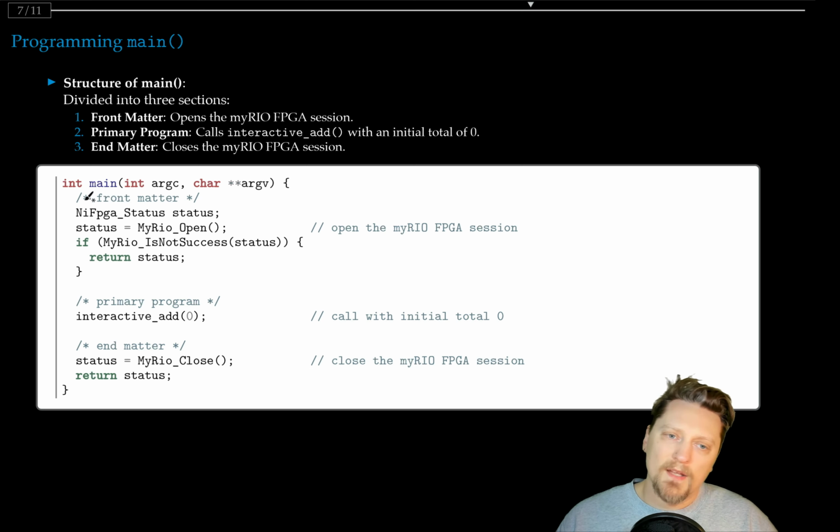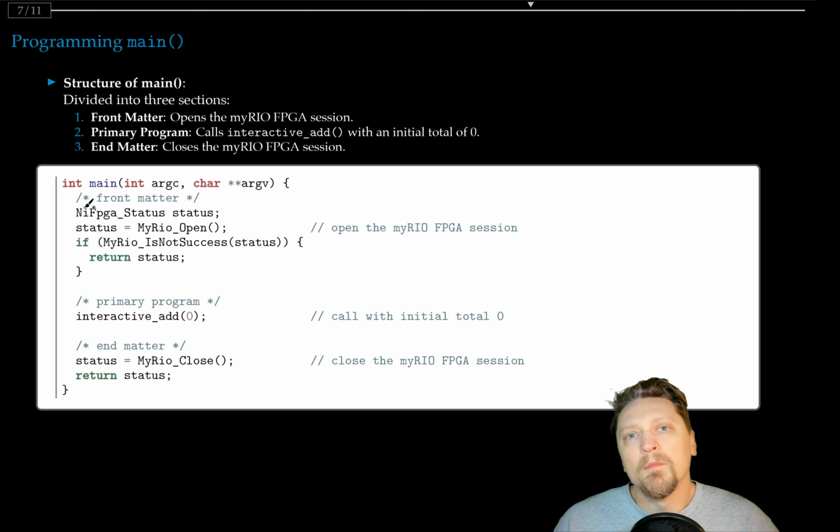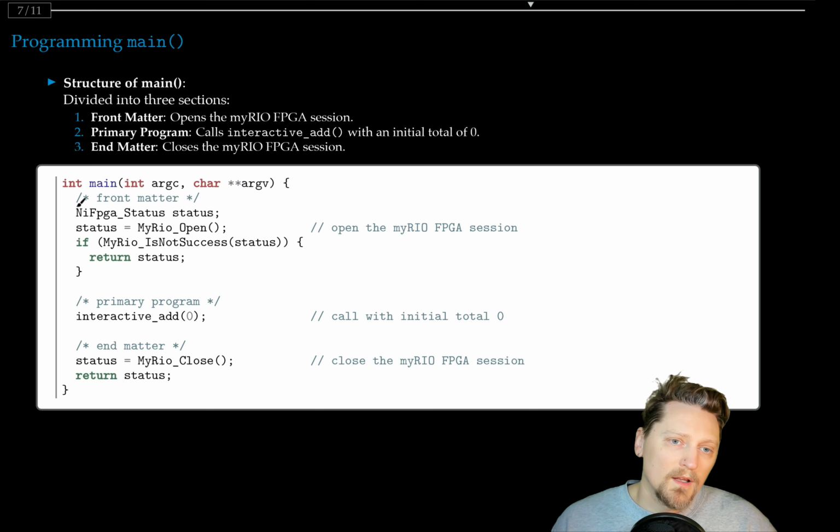This is essentially the same structure as the program that's written in the stub main.c file, which checks the myRio status. And if it's not good, it will exit the main program immediately and give an error code. Once it's done with that, we'll call interactive add and we'll start at 0.